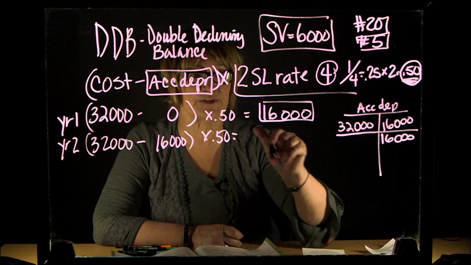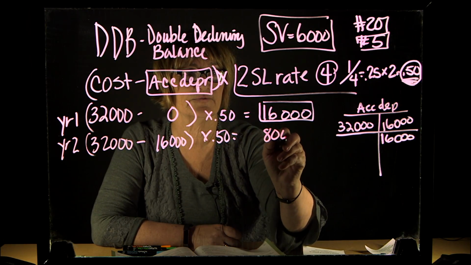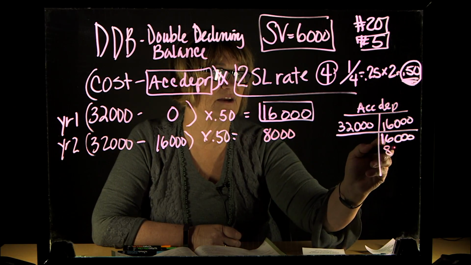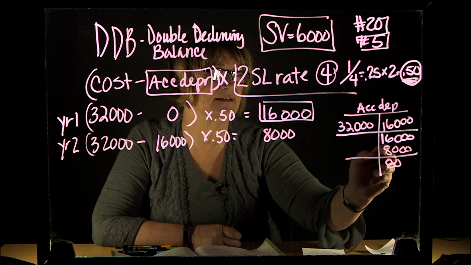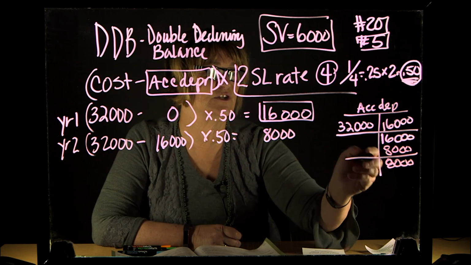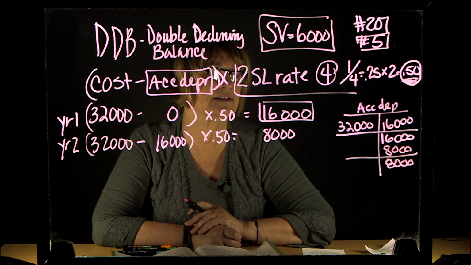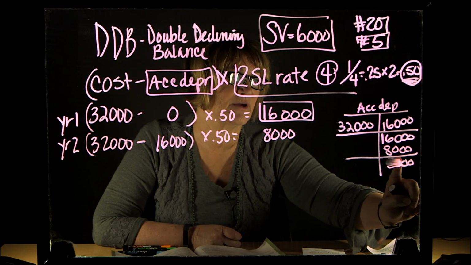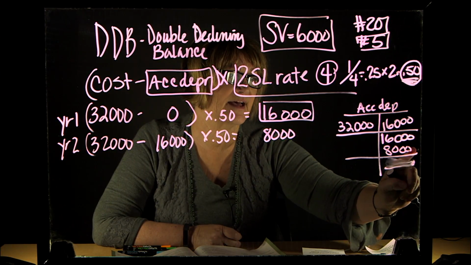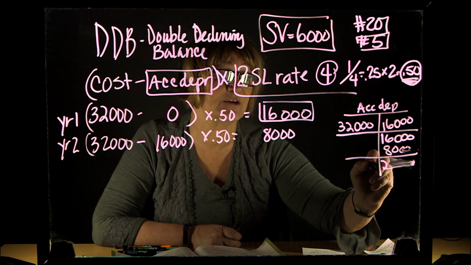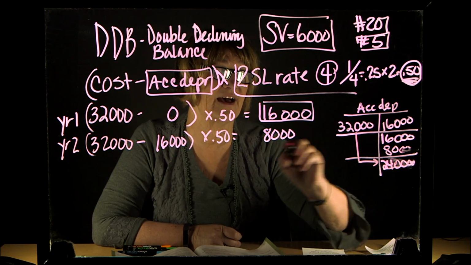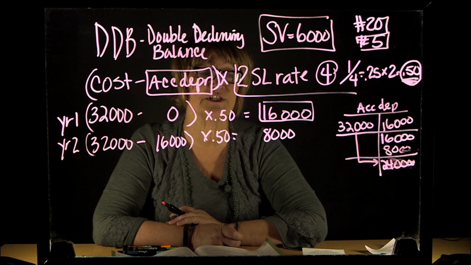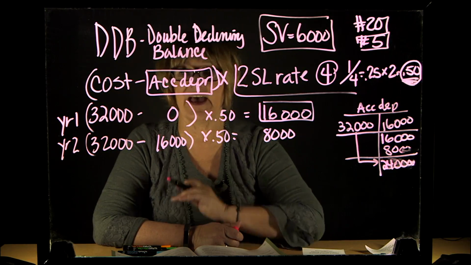Yep, $8,000. Okay? So I'm going to take 8 here, and I'm going to subtract that, leaves me 8. Okay? So we know we're at, oh, excuse me, I did that wrong. Let me erase that. So I add the 8, which is $24,000. So we know right now we have $8,000 more to depreciate of the asset.